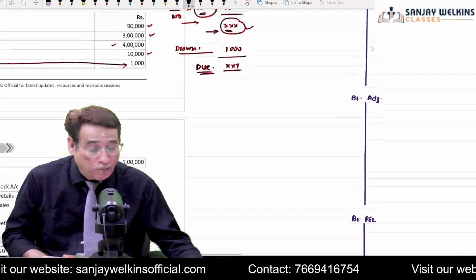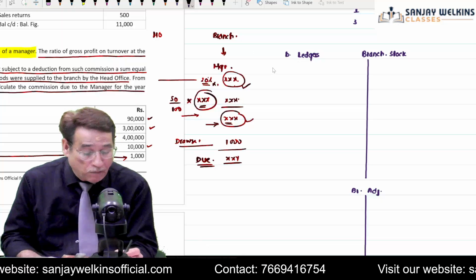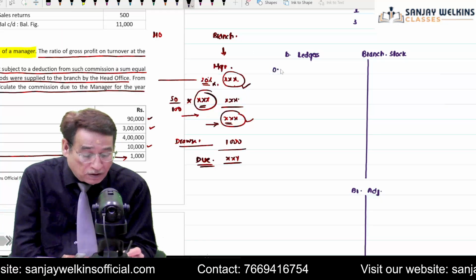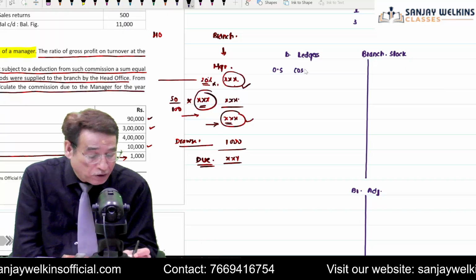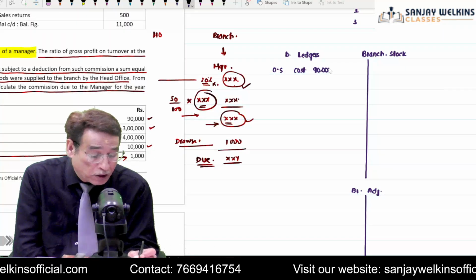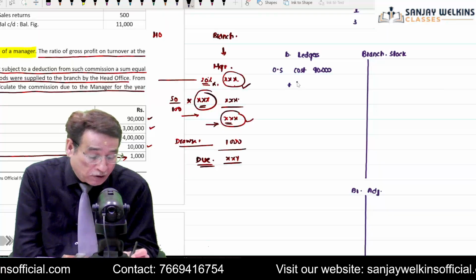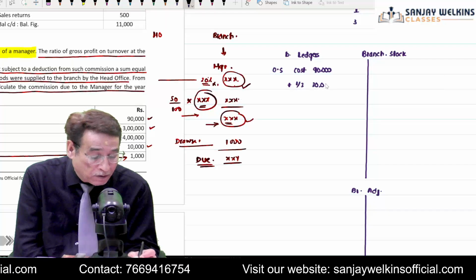In order to comprehend this question, the first line given to us is opening stock, but opening stock, as you can see, is given at cost. So this is the cost price which is given to you, 90,000. To convert it into invoice price, I will have to apply the rate of cost, that is 1 by 3, 30,000.